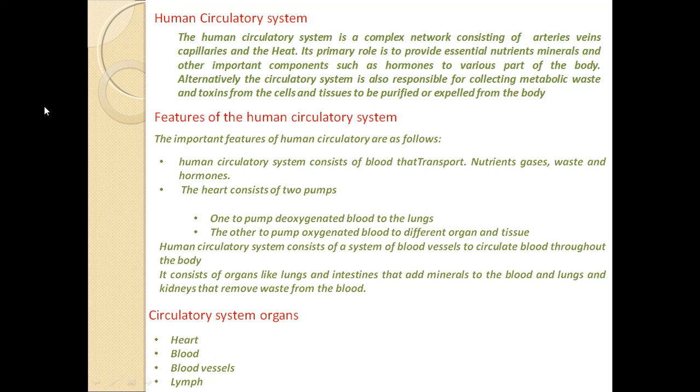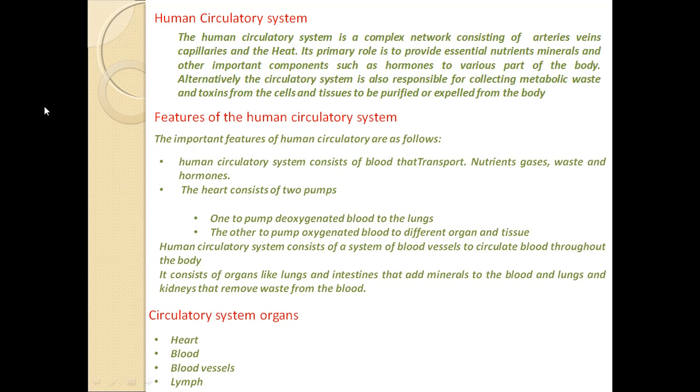One pumps the deoxygenated blood to the lungs. The other pumps the oxygenated blood to different organs and tissues. So the human circulatory system consists of blood vessels. What are the different blood vessels we have discussed? Arteries, veins and capillaries.